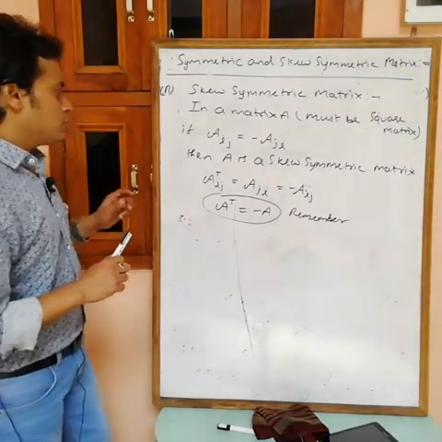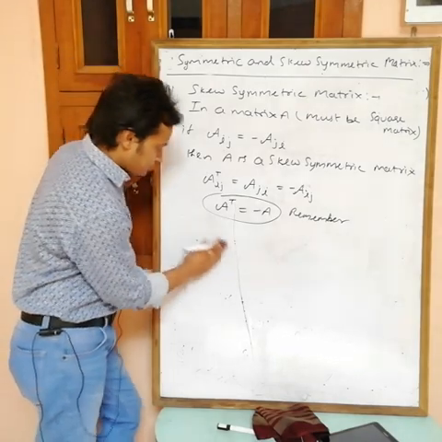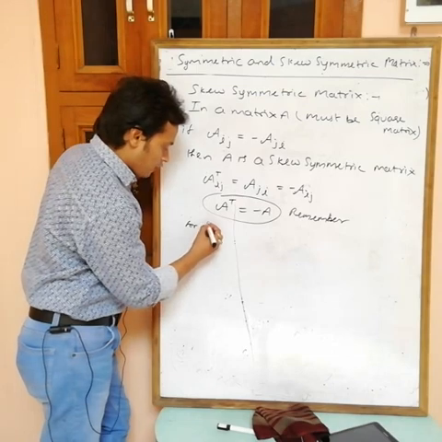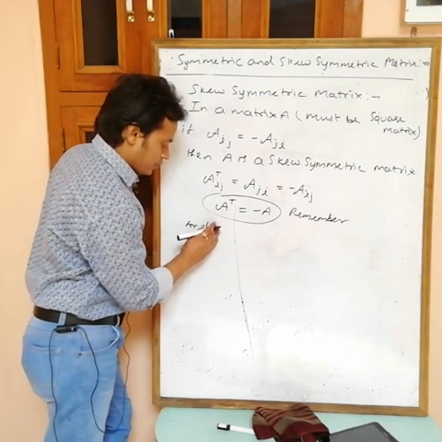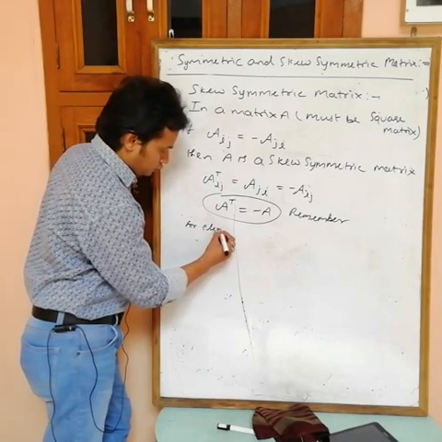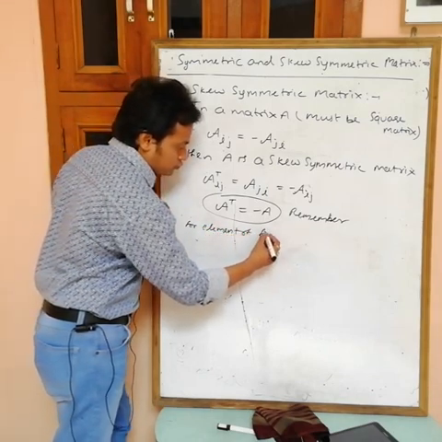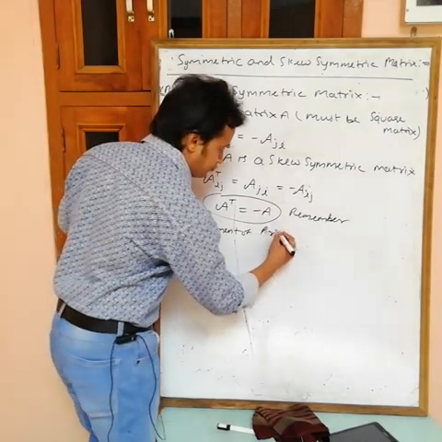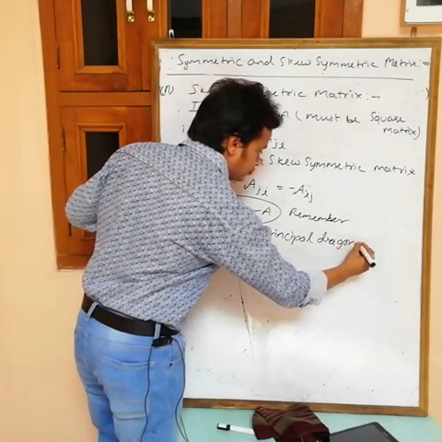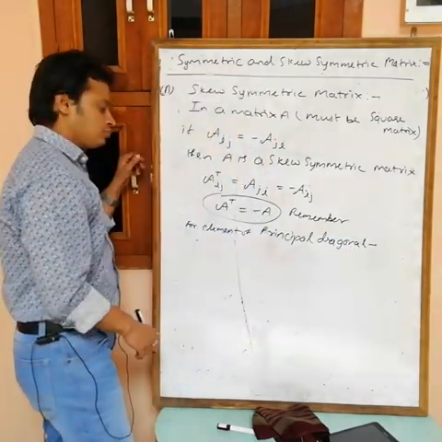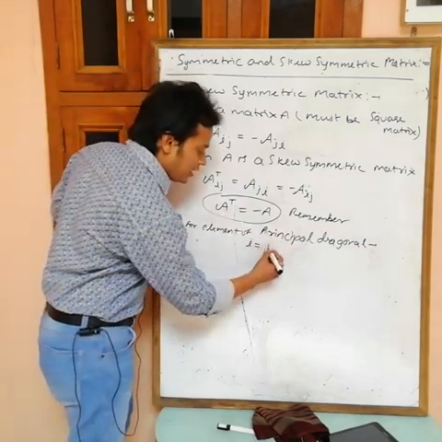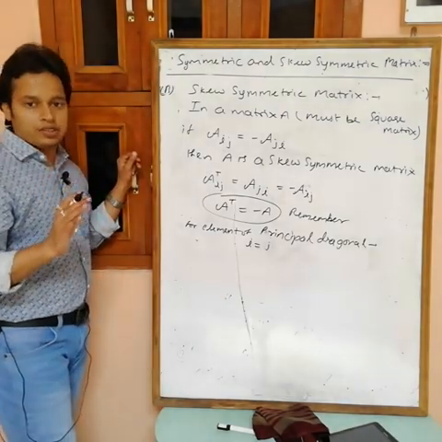How are we getting that these are always equal to 0? Now see, I am taking in this case for a skew symmetric matrix, for the elements of the principal diagonal, what we have is i equals j, i and j both are the same.